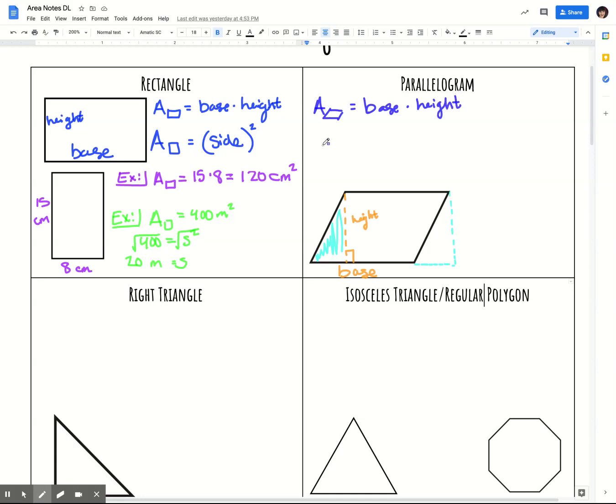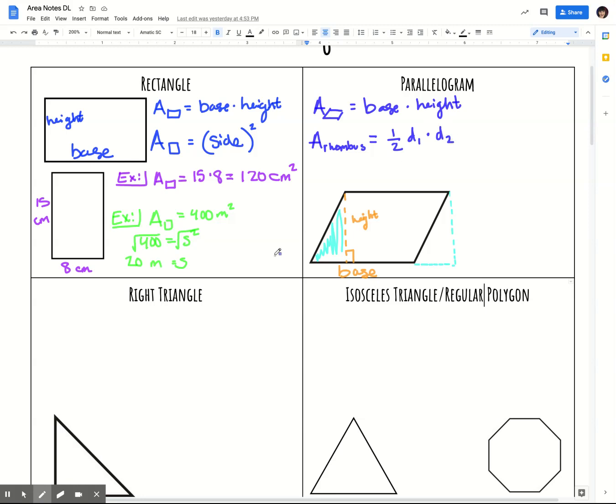Then for rhombuses, if a parallelogram is like a drunk rectangle, a rhombus is like a drunk square. It's a parallelogram where all of the sides are the same. So you can find the area of a rhombus using this formula, base times height. But you can also use this special formula, which is 1/2 of d1 times d2.